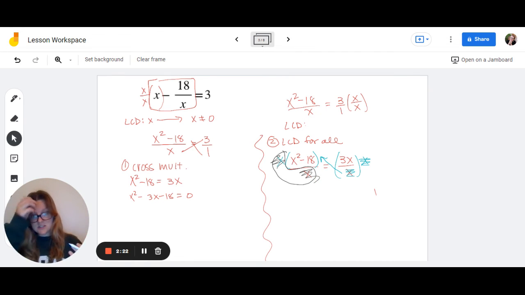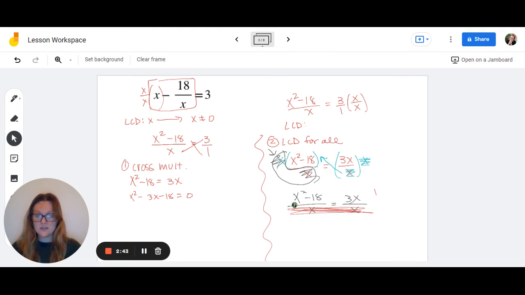If you understand what is happening, I'm okay with you saying that if I cross multiply one way, my denominator with my new cross multiplied x over here is going to cancel. Let me rewrite this really quick: is equal to 3x over x. Essentially my denominators are going to cancel, and they're just going to go away.